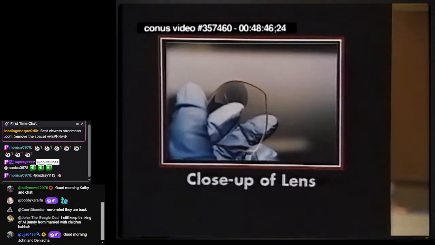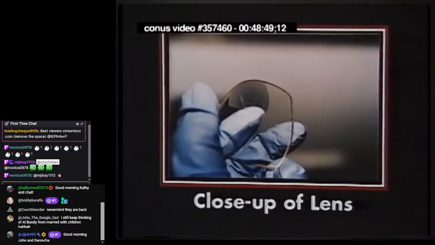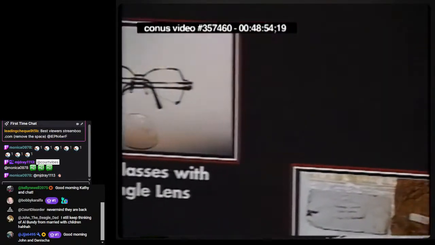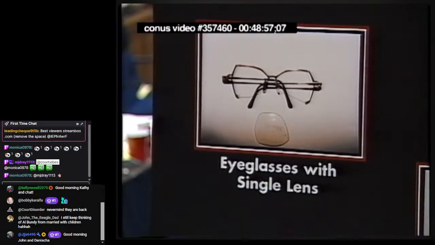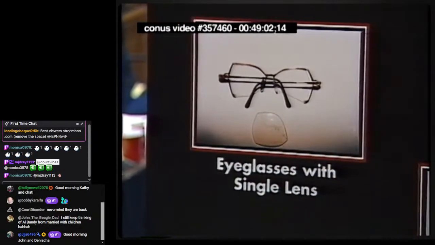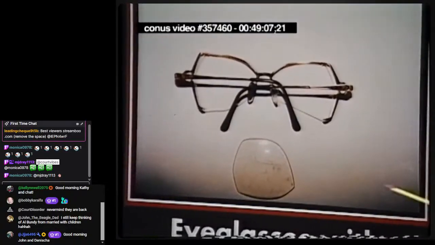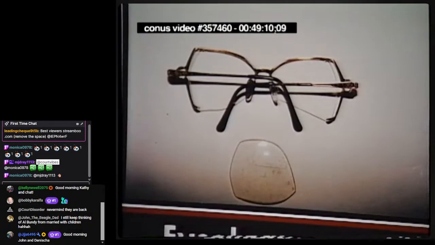I call your attention now to the picture in the upper left-hand column indicating eyeglasses with single lens. Could you describe the evidence pattern there? This picture depicts when we removed the eyeglasses out of the envelope. I found this lens already out of the eyeglass.